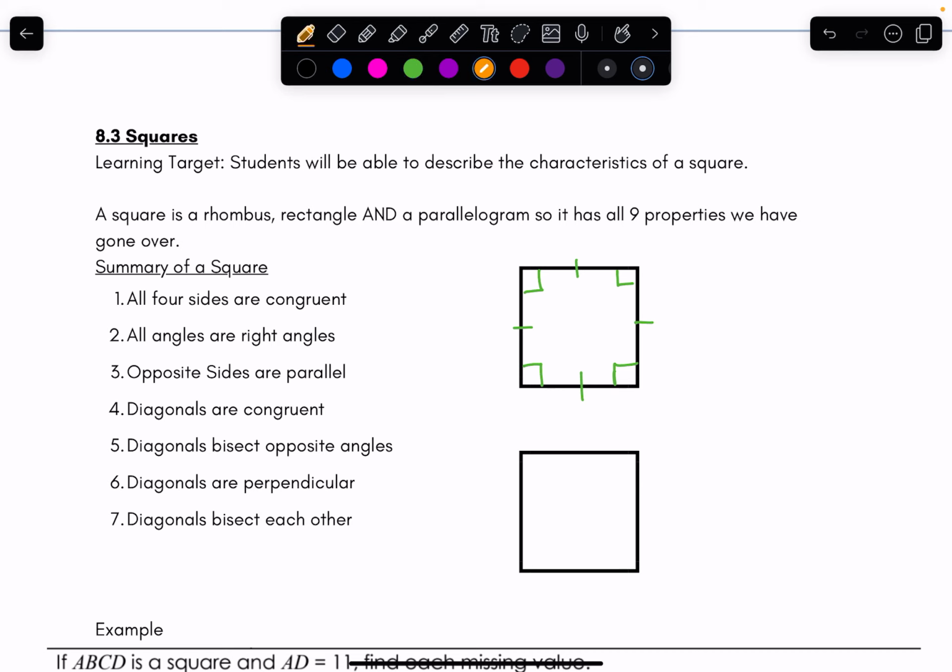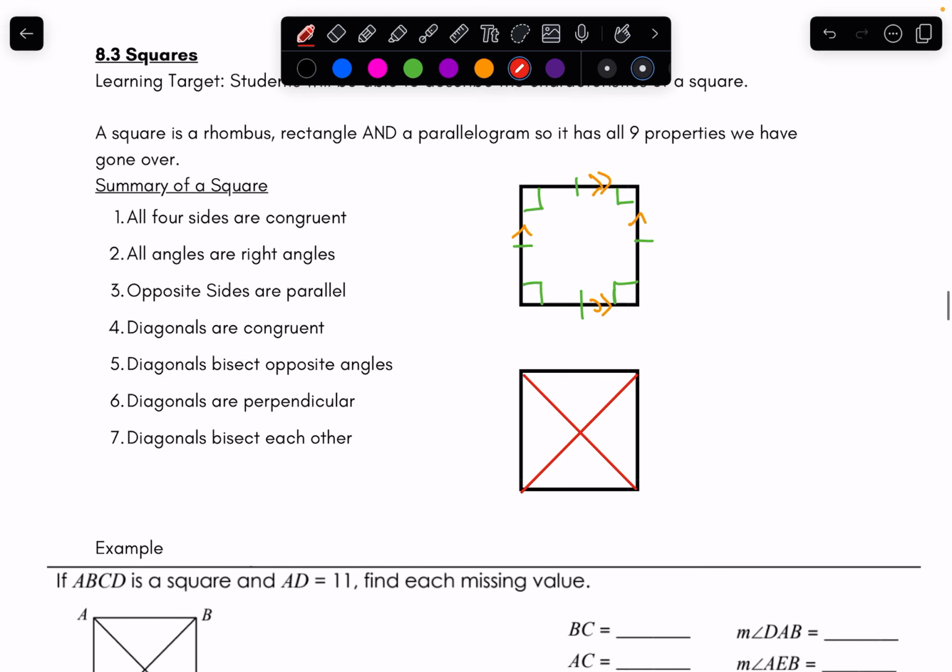Because we have a parallelogram, opposite sides are still parallel. And then when we talk about the diagonals, we have a bunch of stuff going on. So we have our diagonals. The diagonals themselves, so if we call this A, B, C, D, the diagonals are congruent because it's a rectangle.